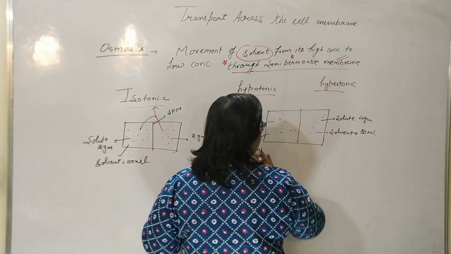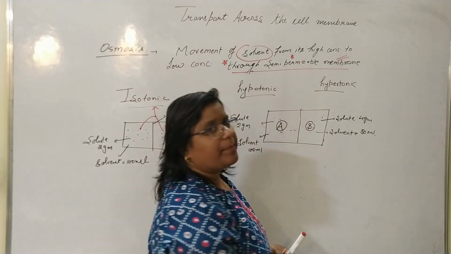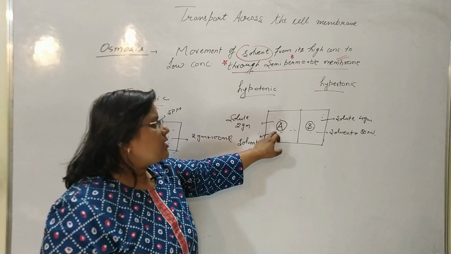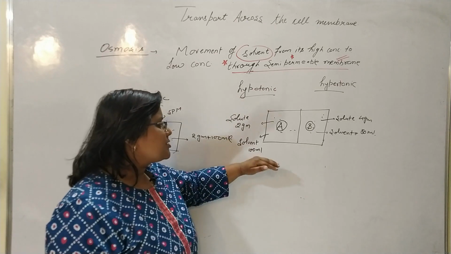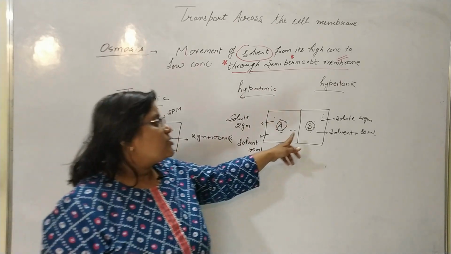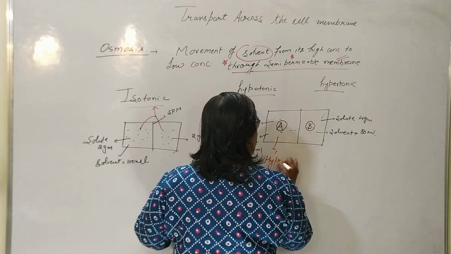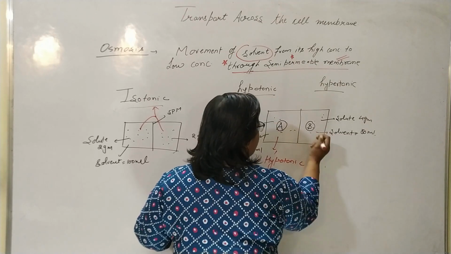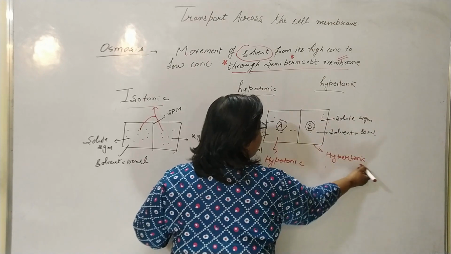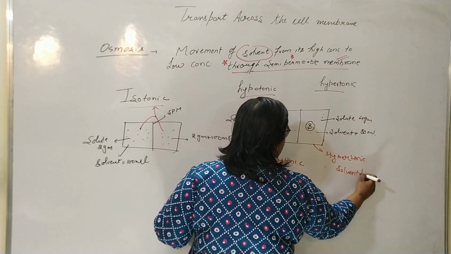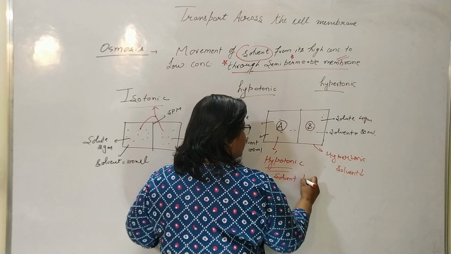Comparing the A solution and the B solution, the A solution is the hypotonic solution because the solvent concentration is higher, whereas the B solution is the hypertonic solution because the solvent concentration is lesser. In the hypotonic solution the solvent concentration is higher.